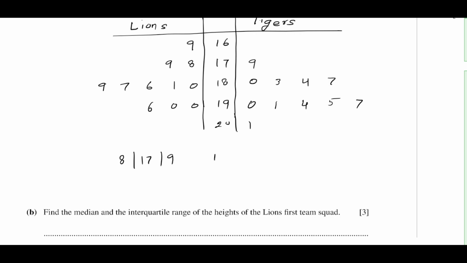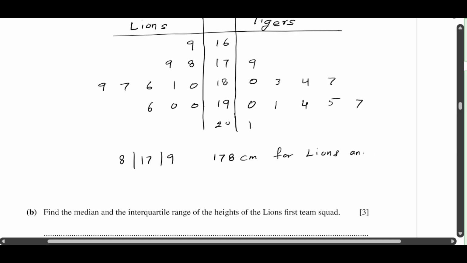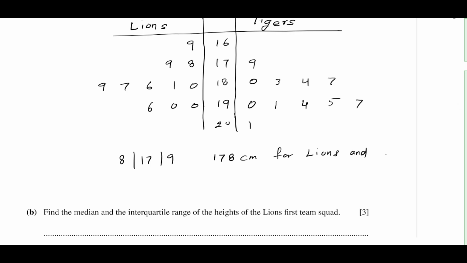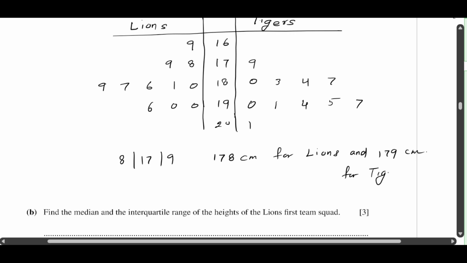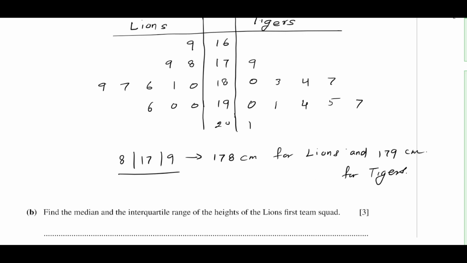It indicates 178 centimeter for lions and 179 centimeter for tigers. Okay, so this is the key. It means 178 centimeter for lions and 179 centimeter for tigers.